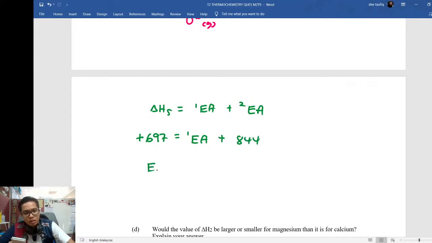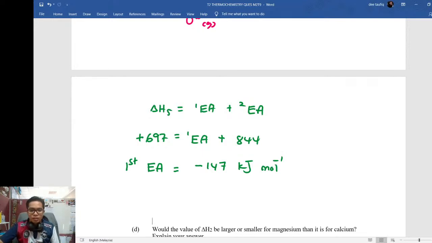So the first EA is equal to negative 147 kilojoule per mole. Okay, so that is question C.